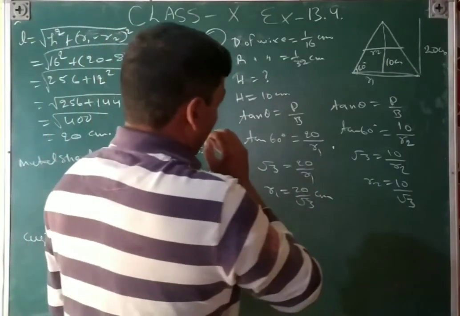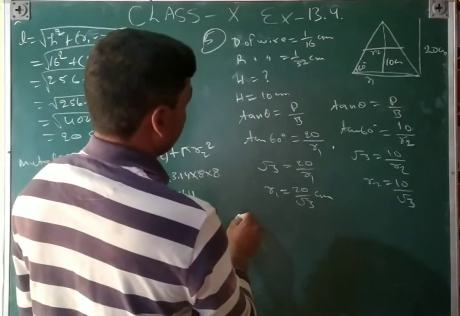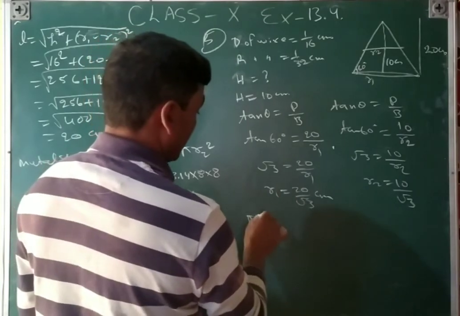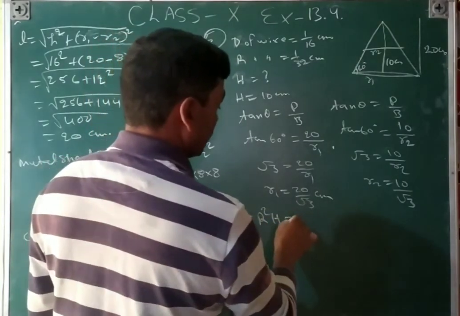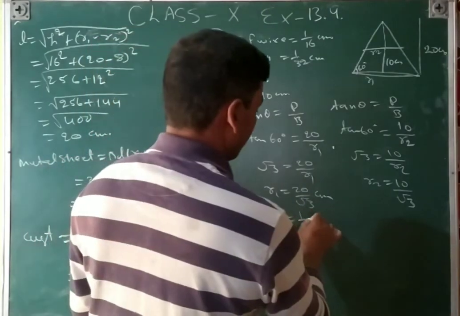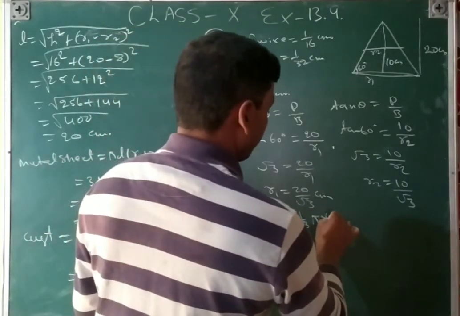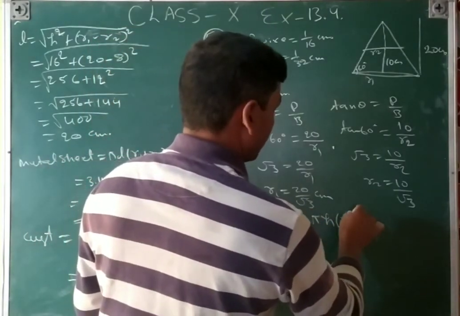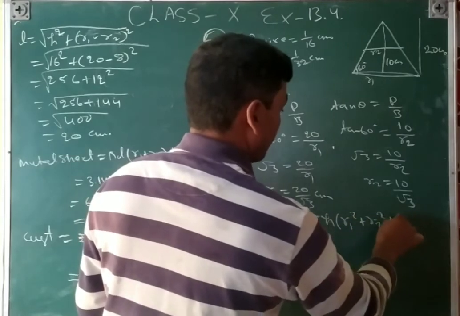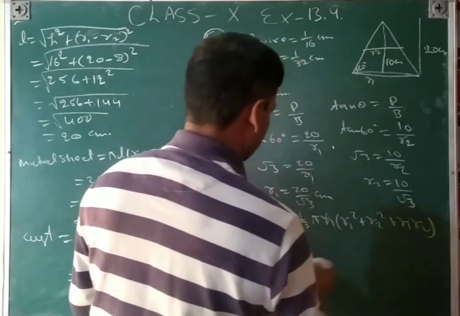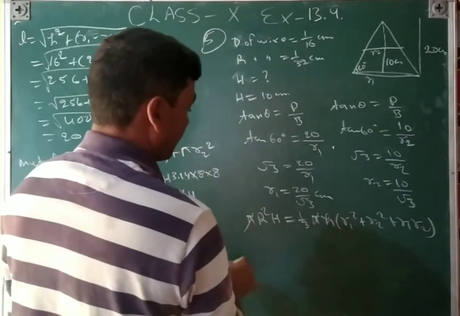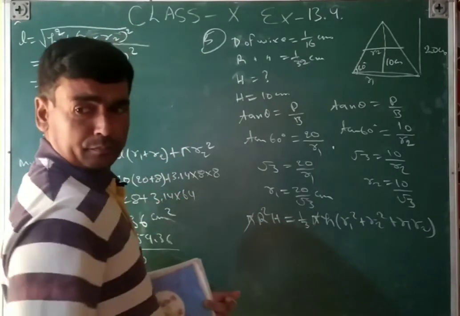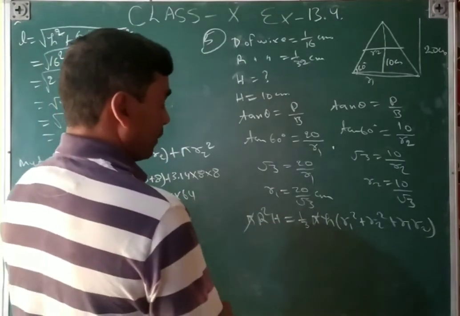Now the volume of wire, which is a cylinder: pi r square h is equal to the volume of frustum, which is 1 upon 3 pi h (r1 square plus r2 square plus r1 r2). Pi cancels by pi.